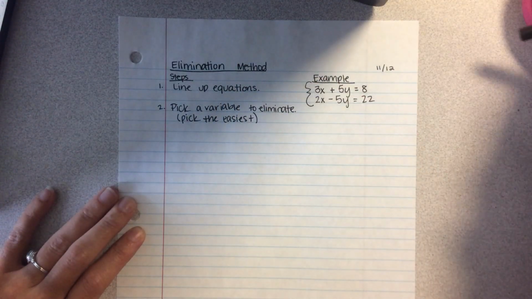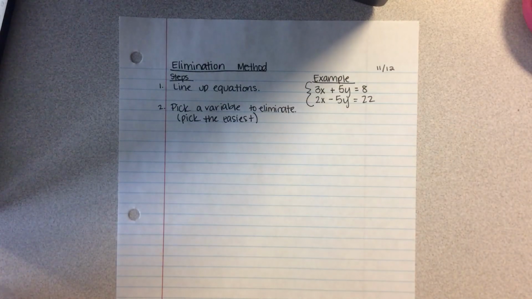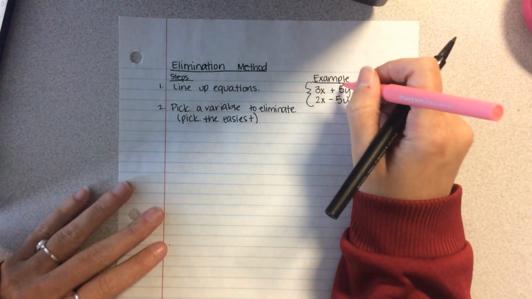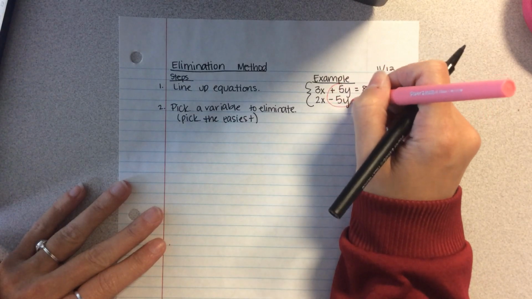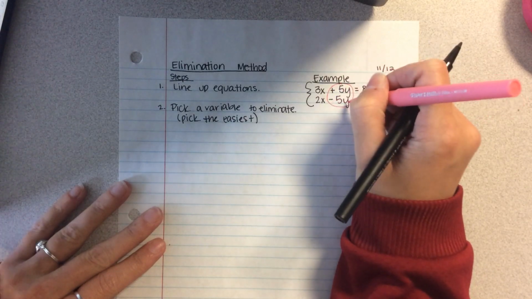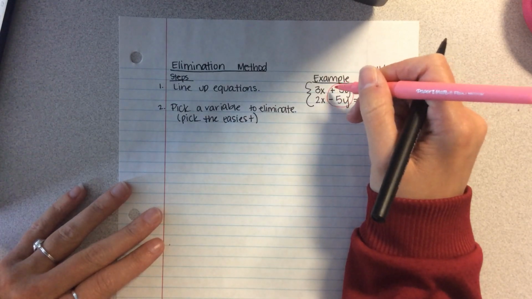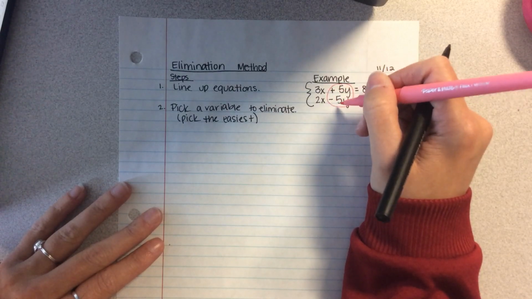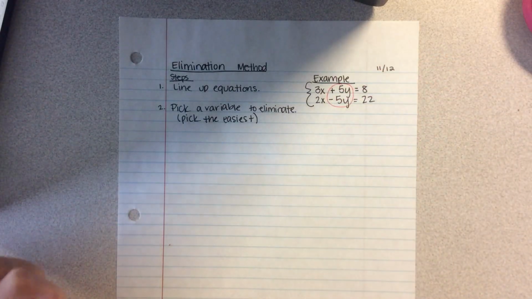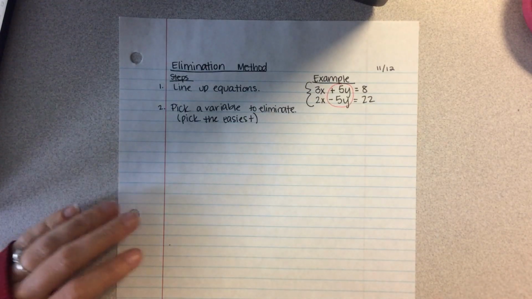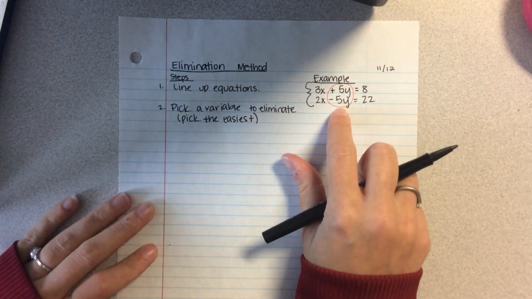For this example, we are going to pick y because you can see that I've got a positive 5y and a negative 5y. Because these are opposite signs but the same coefficient, when I combine these two equations, the y terms are going to cancel out. So that's what we're going to eliminate, the y.